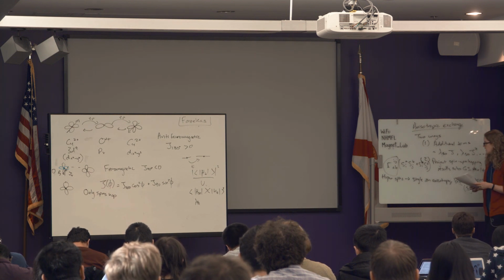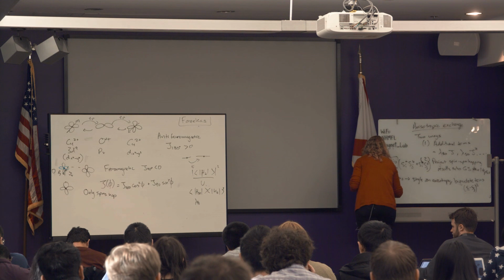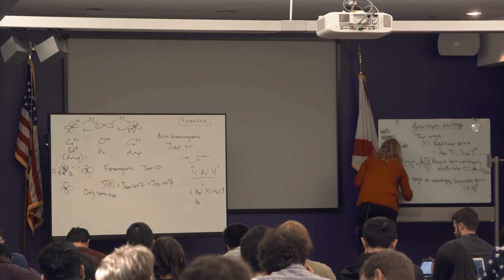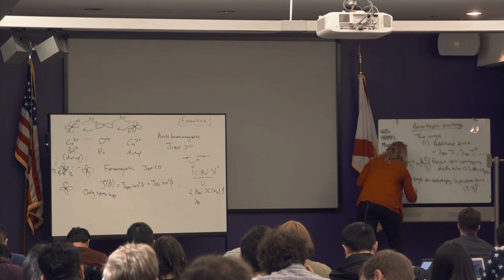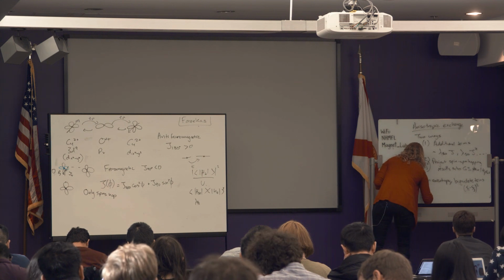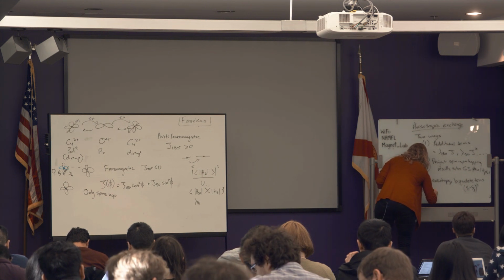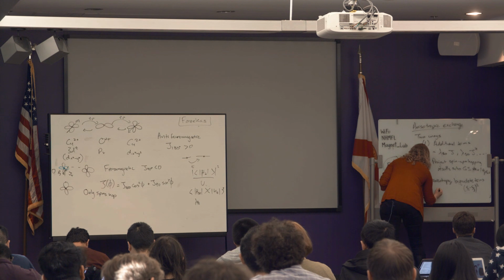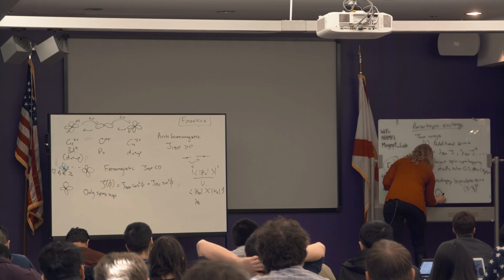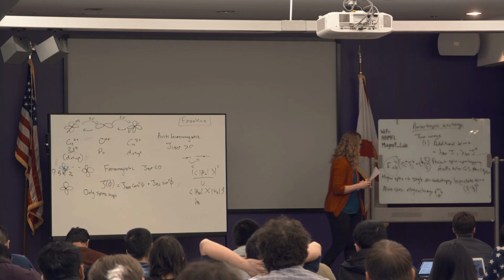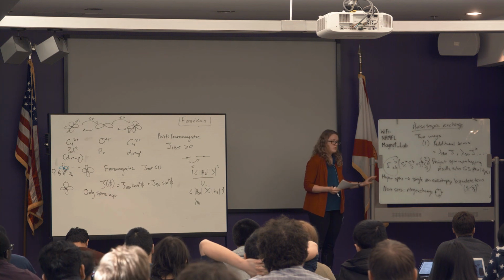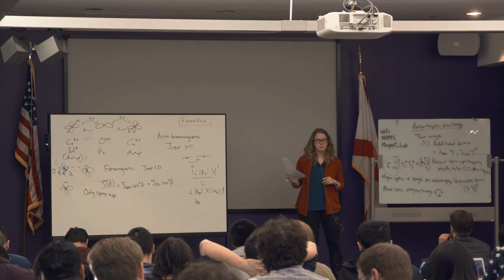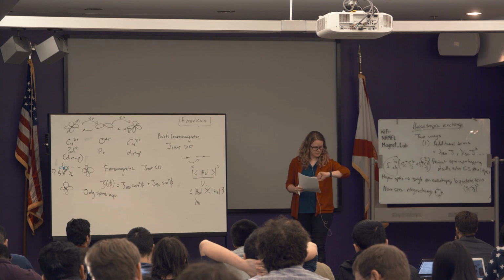Or if you have more sites than just 2, then you can have something like ring exchange, where you're essentially flipping spins as you go around, say, a square plaquette. And all of these things will come out of a superexchange-like picture.